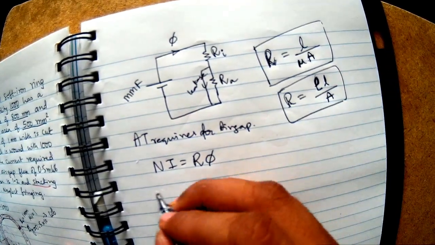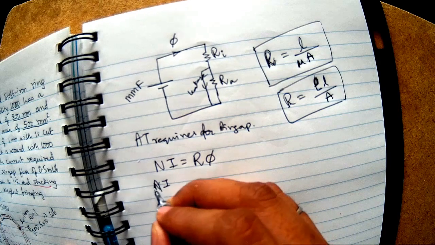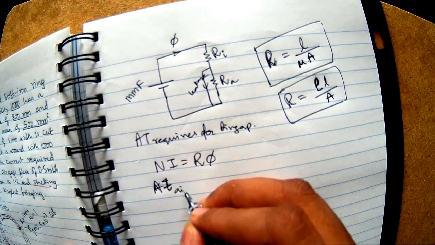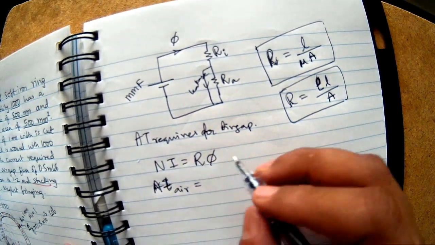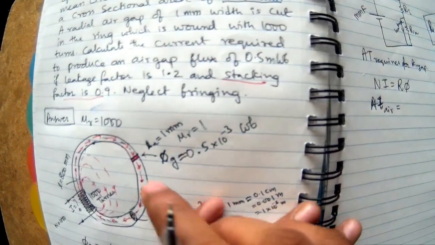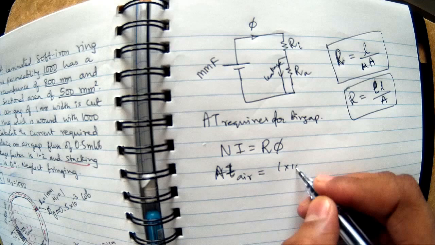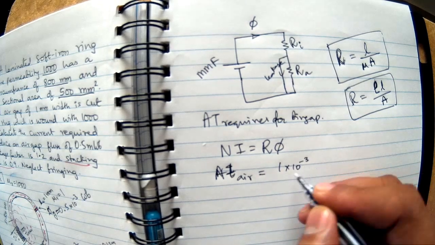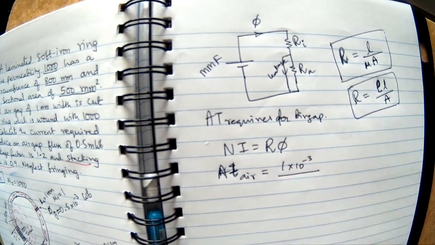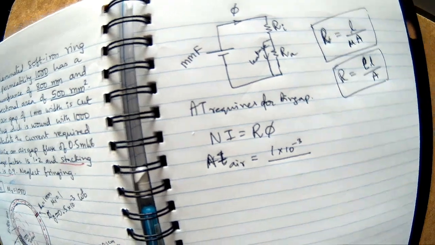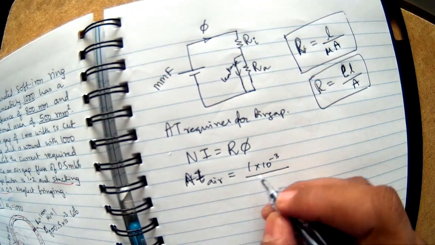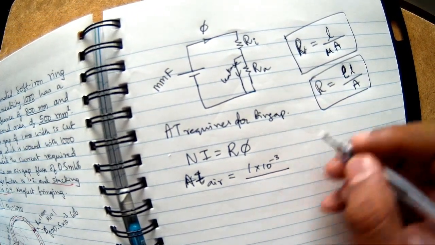So let's calculate the ampere turns, I'll write it AT here. First, reluctance. What is the length of the air gap? The length of the air gap is 1 mm. So 1 mm is 1 into 10 power minus 3 meters divided by mu.